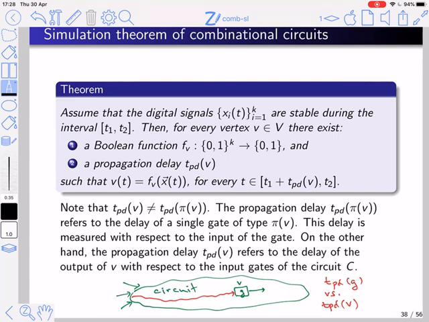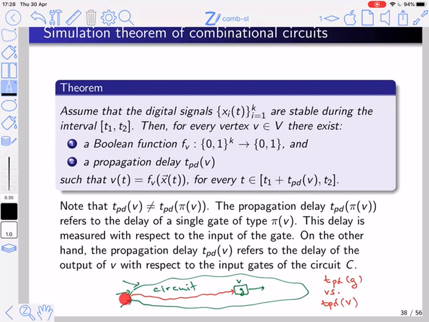So tpd of G is a local thing, and tpd of V is a global thing because it deals with the global inputs of the circuit and how they influence the output, and the time it takes them to influence the output of the gate.